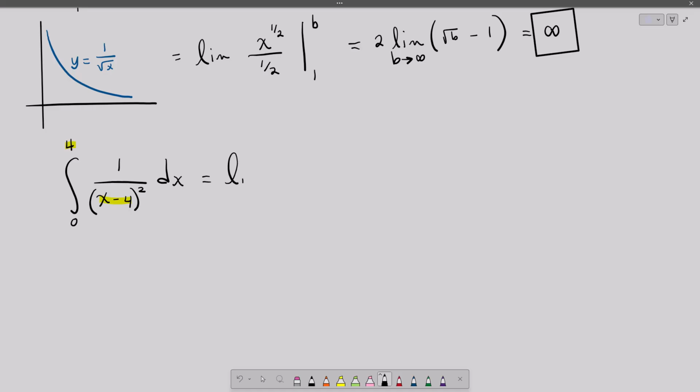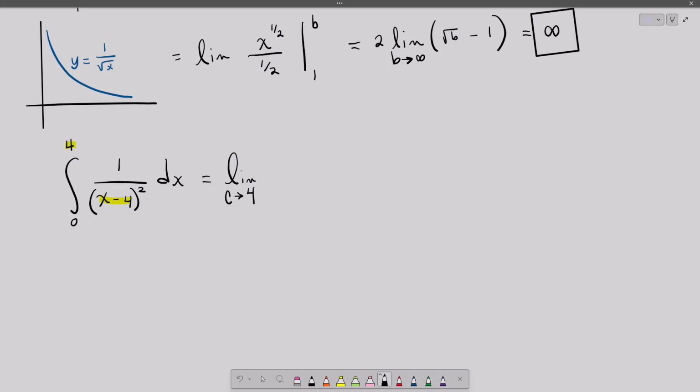So we need to introduce a limit. Whatever letter we want to use, were they using c for the middle? Does not matter what letter. So we're going to go to 4. But what side of 4 are we going to approach it from? The left side. We have to stay within our interval.